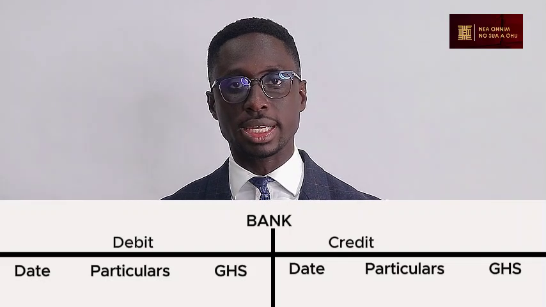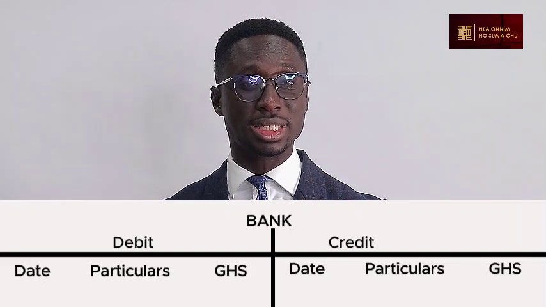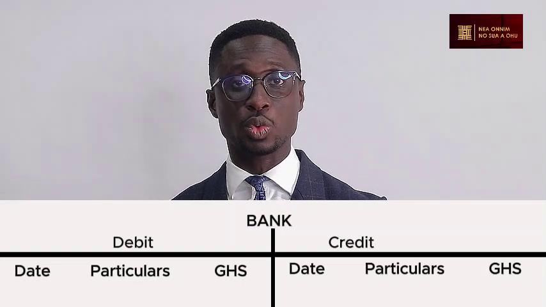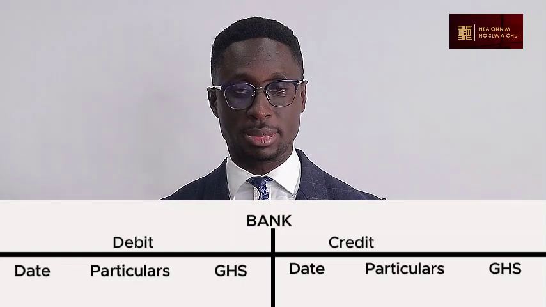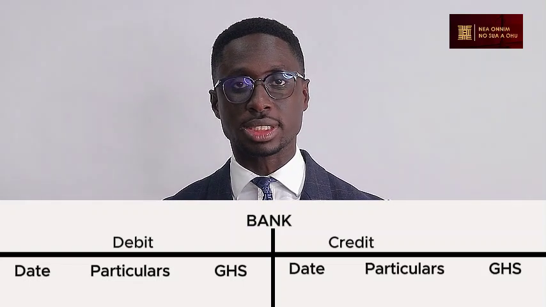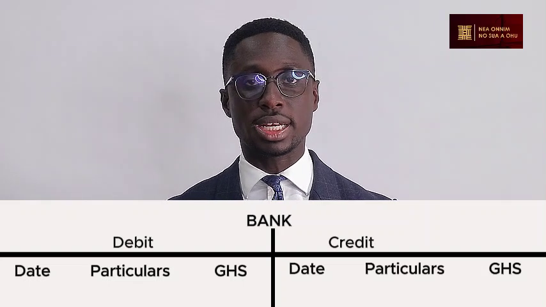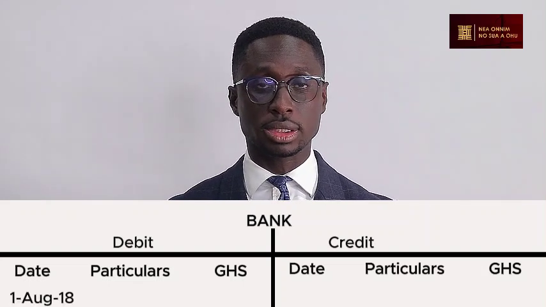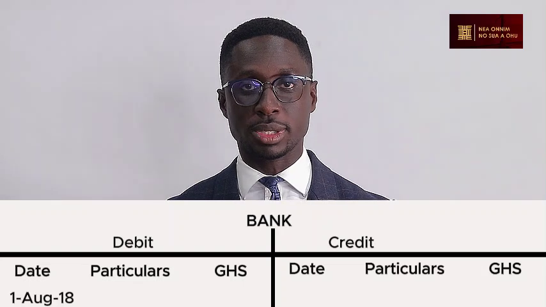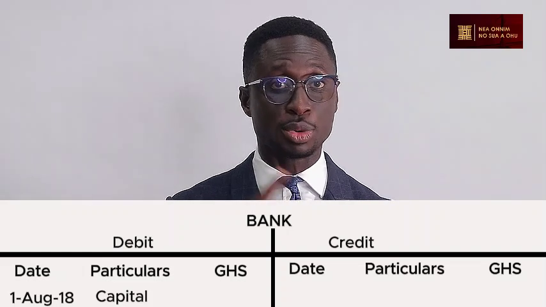As we indicated earlier, the bank account is the receiving account, and so we are debiting the bank account. So we'll be recording the transaction on the debit side, which is the left side. And so the date is August 1, 2018. The particulars in the bank account will be what? Capital, because that's the corresponding account.